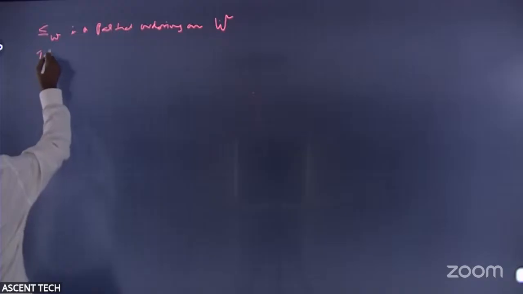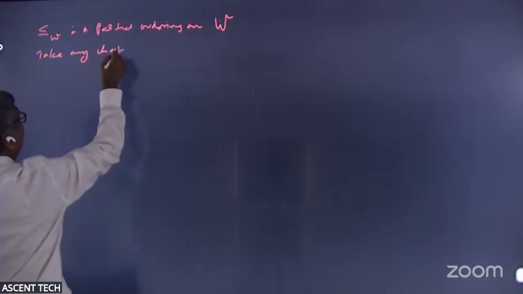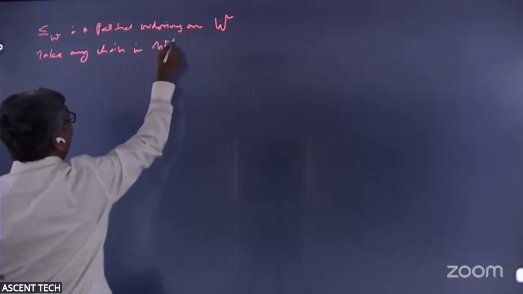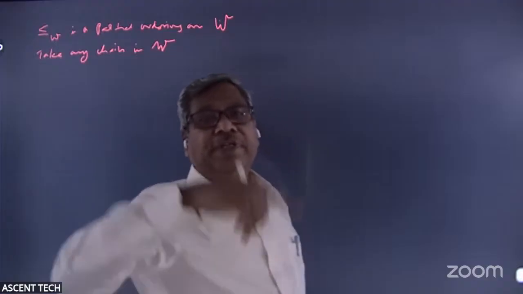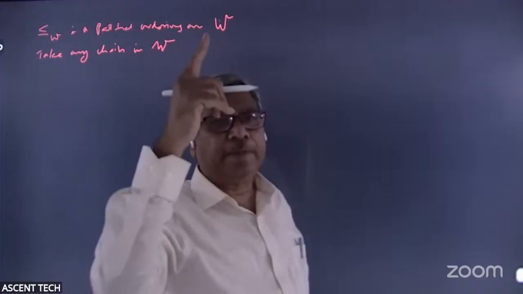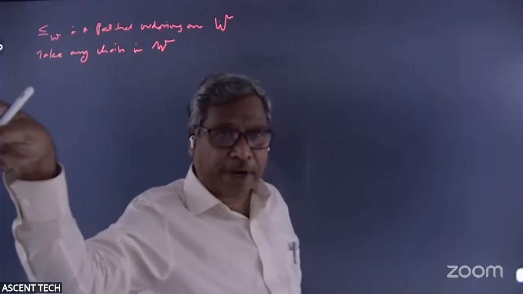Take any chain in W. I'm going to show you that every chain has an upper bound. If every chain has an upper bound, the entire W has a maximal element according to Zorn's lemma.